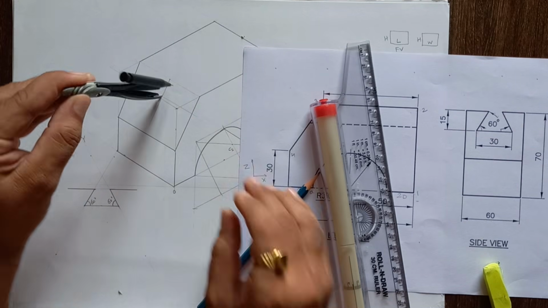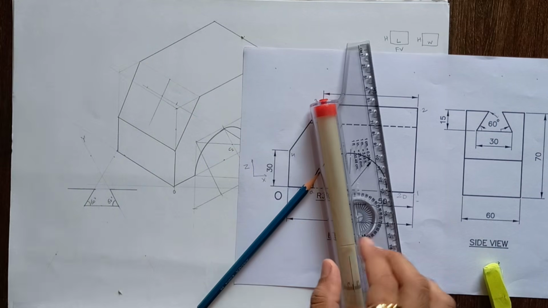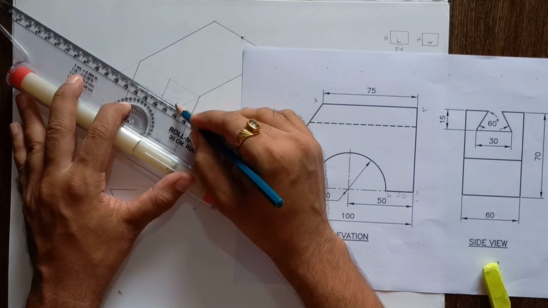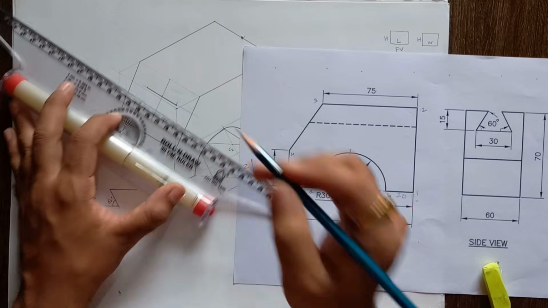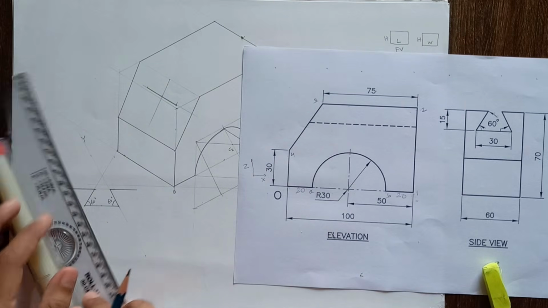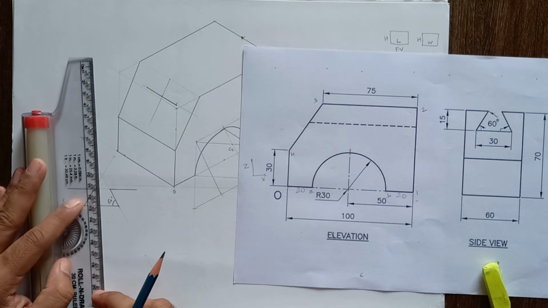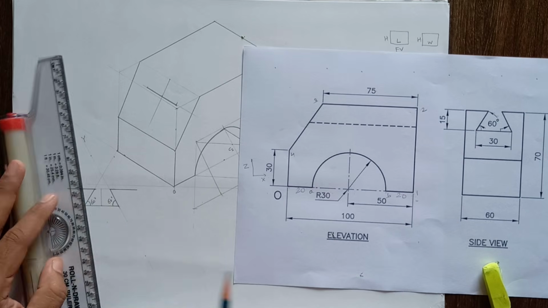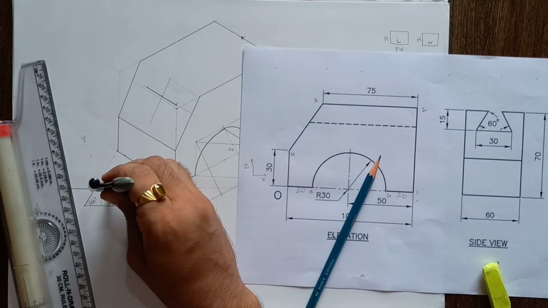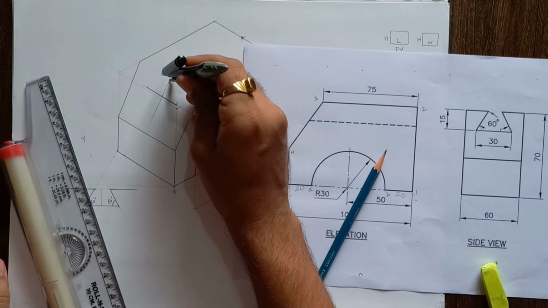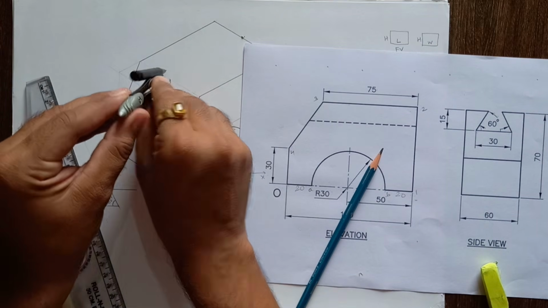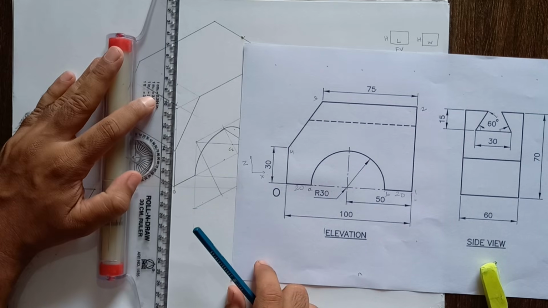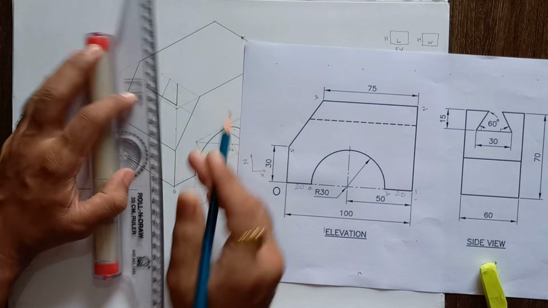Along both sides, right and left hand side, mark a 30 mm line. Now find the center of that gap. Now measure this distance in the compass and along the center line mark the same distance and join it. Join the end points.